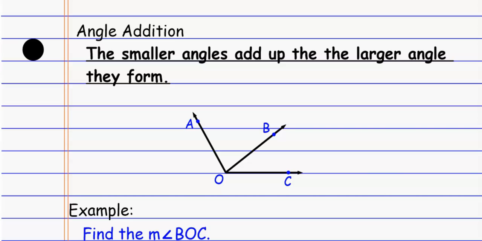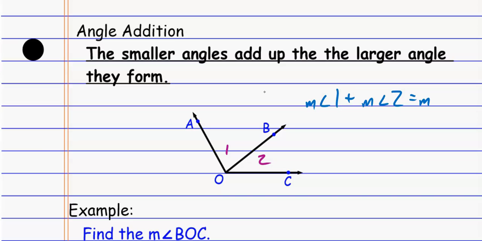If I look at this guy, I'm going to relabel it to make life easier. I'm going to say angle 1, angle 2, right? And if I look at those two smaller angles, they add up to the whole angle. Well, the measurement of angle 1 plus the measurement of angle 2 should equal the measurement of the whole angle. And the whole angle is a little bit tricky.